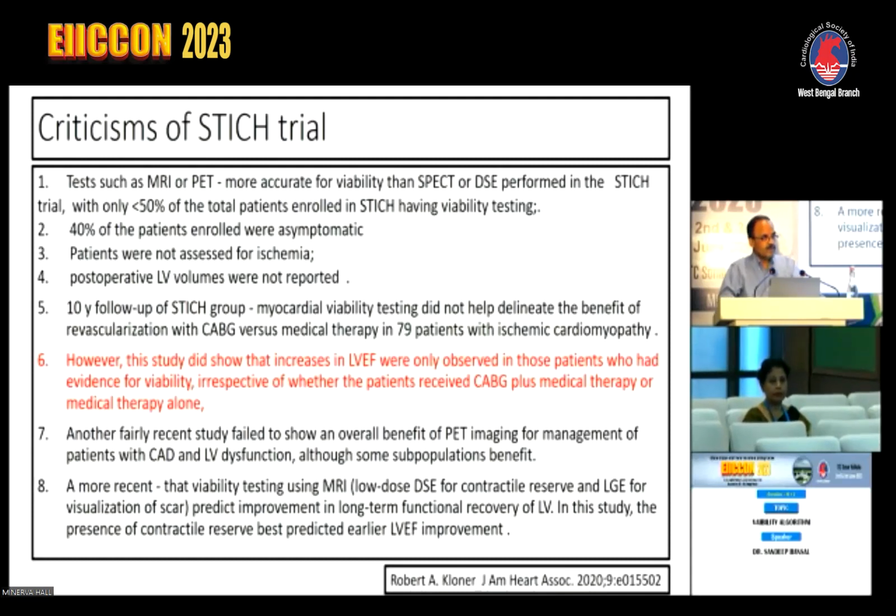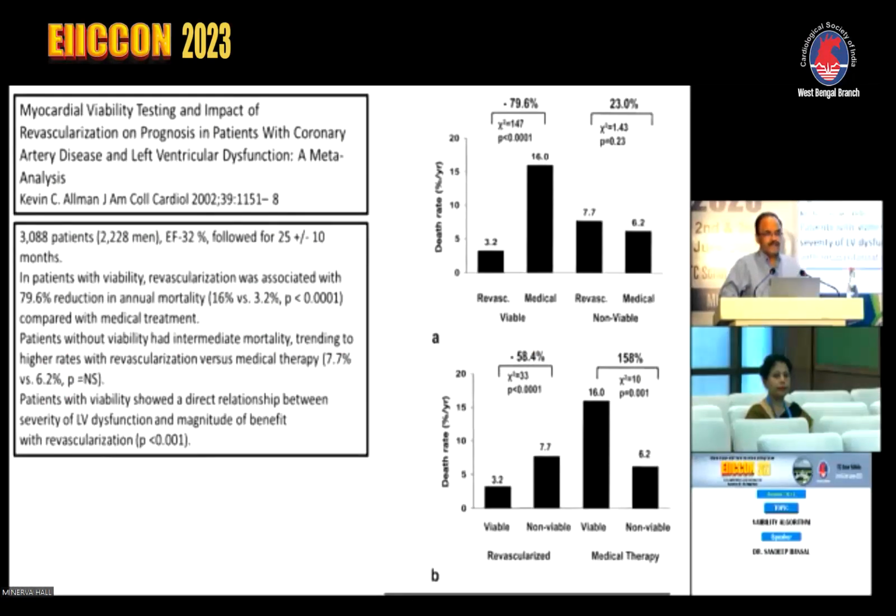However, this study did show, as I said, that if you have a viable area, your ejection fraction improves over a period of time. And there are subsequent studies which have shown that if you have a contractile reserve present, then that predicts the viability even better.